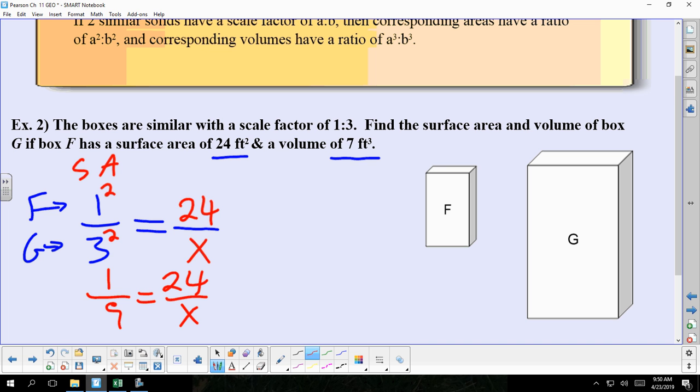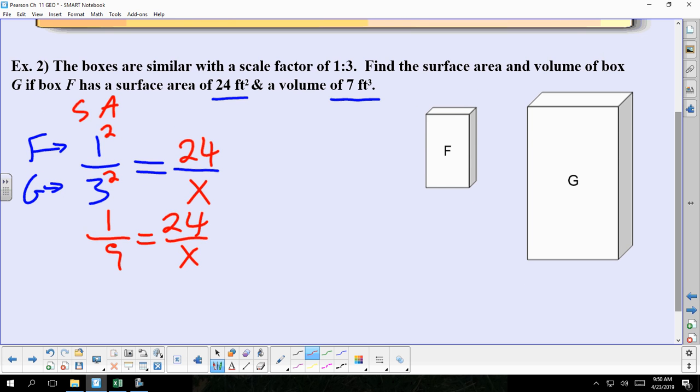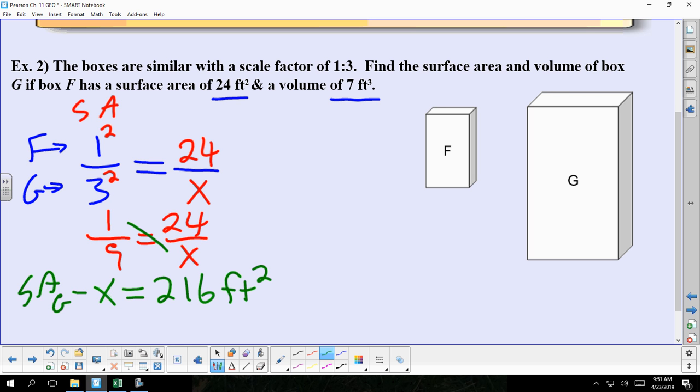So the surface area of the larger one, when I cross multiply, 1 times x, x, equals 9 times 24, 216. So the surface area of box G is 216 square feet.